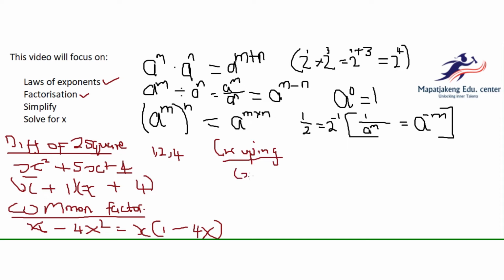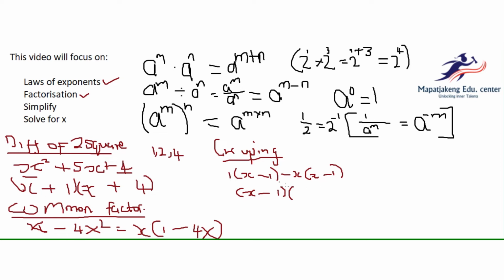Let's say you have x minus 1, minus x into x minus 1. This one is very easy to identify. If these brackets and these brackets are the same, you just copy one of them, and then open another bracket. In the other bracket, you write the coefficients that are next to the brackets.